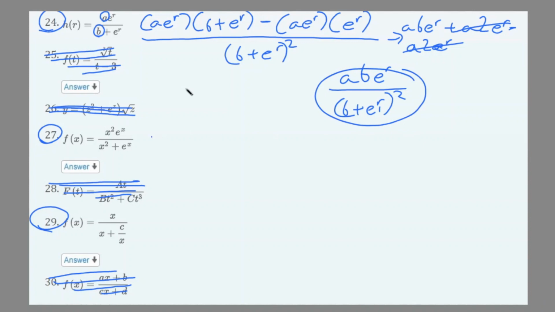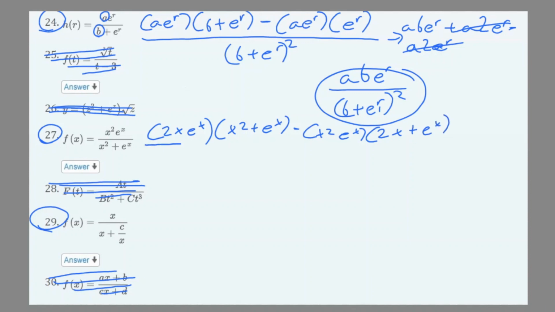Now, number 27 is f of x. So f prime is going to be 2x e to the power of x times x squared plus e to the power of x, minus x squared e to the power of x and then g prime, which is 2x plus e to the power of x. And then on the bottom is x squared plus e to the power of x to the power of 2.